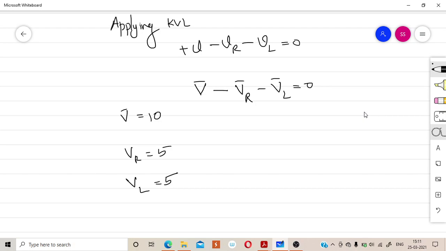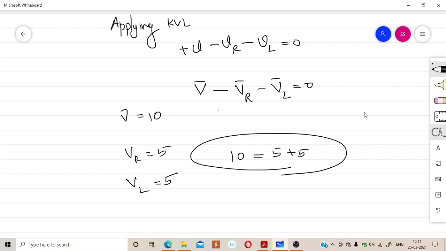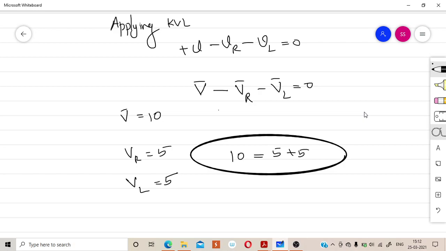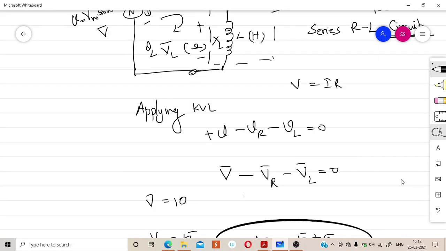Then you cannot write it as 10 is equal to 5 plus 5. Why? Because this is not a simple arithmetic addition but phasor addition. You have to add or subtract phasor by phasor, vector addition and vector subtraction. So this is not simply arithmetic operations, and you have to keep that in mind always.